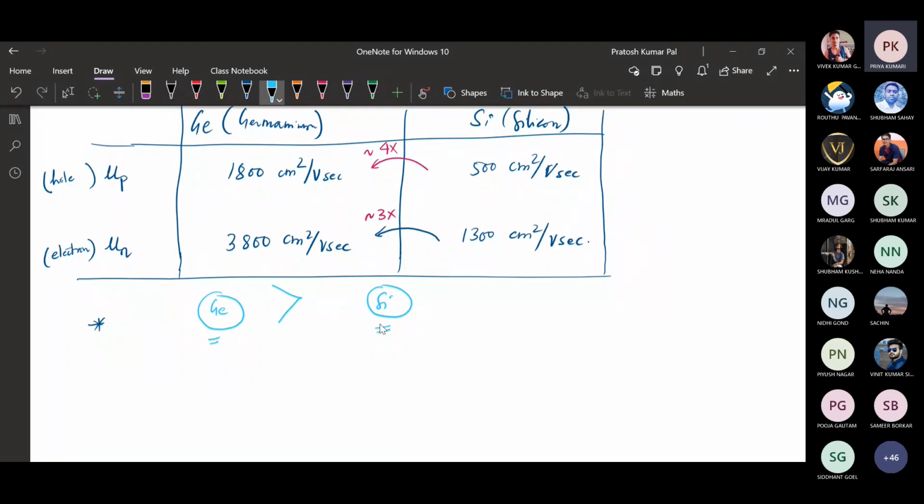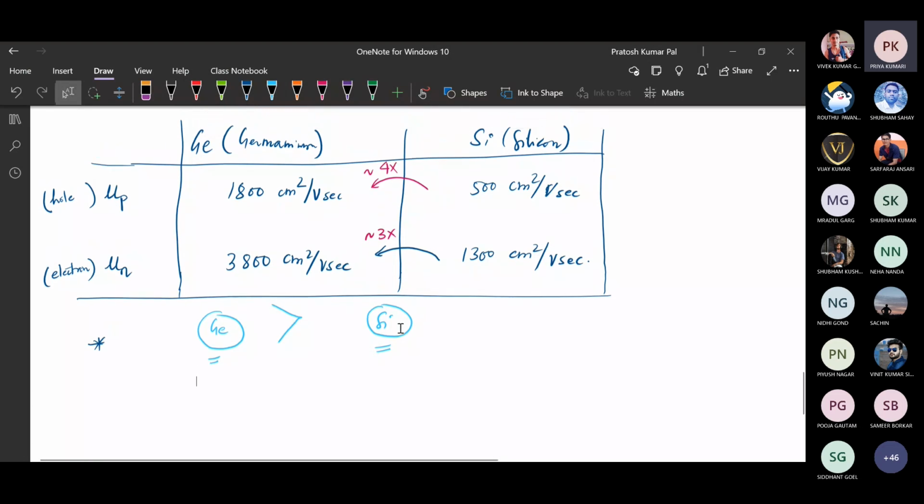But the property of silicon is that silicon has a higher band gap. Here in the materials, we will be seeing what a band gap is and how this band gap affects the operation of the device. Okay, so silicon has a higher band gap. If it has a higher band gap, it can withstand higher temperature.